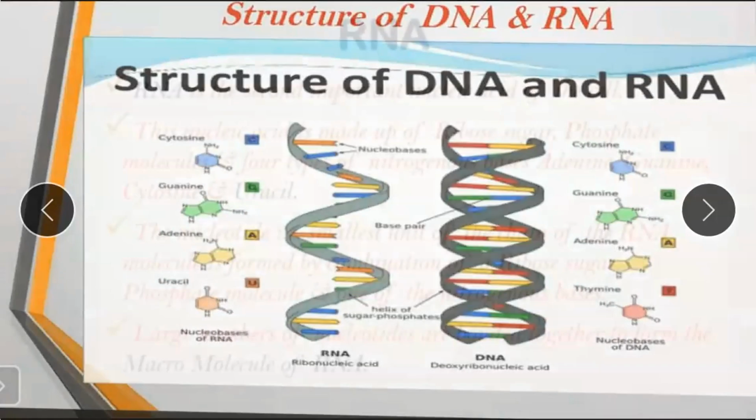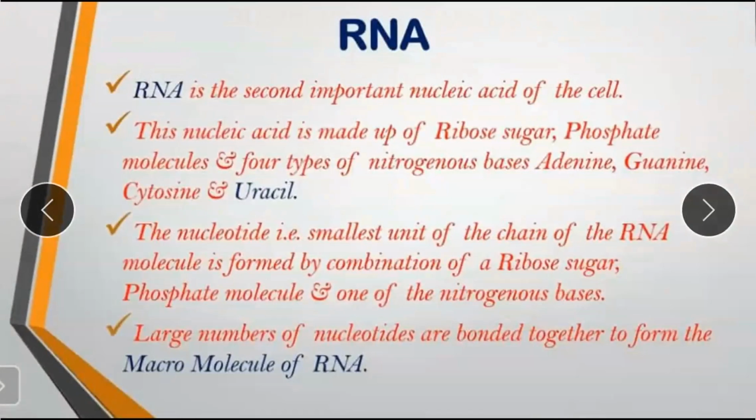So moving forward, RNA is the second important nucleic acid of the cell. This nucleic acid is made up of ribose sugar, phosphate molecules, and four types of nitrogenous bases, that is adenine, guanine, cytosine, and uracil. The nucleotide, the smallest unit of the chain of the RNA molecule, is formed by the combination of ribose sugar, phosphate molecule, and one of the nitrogenous bases.